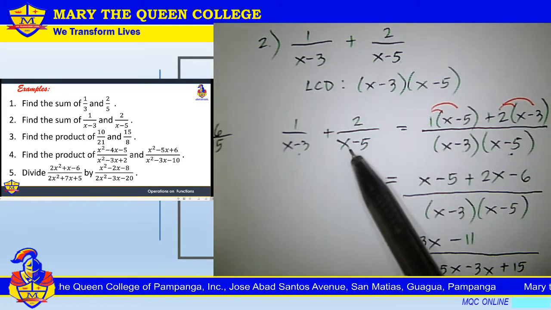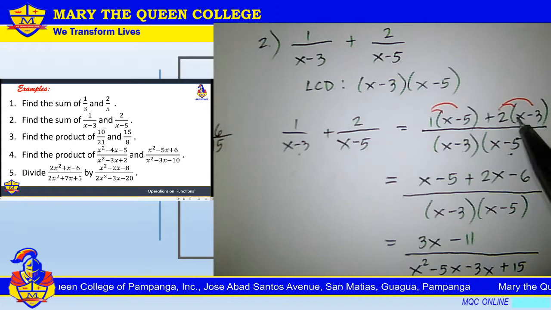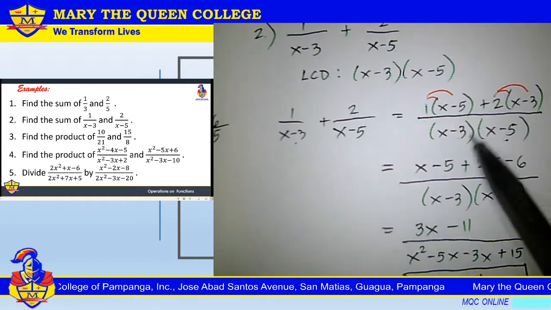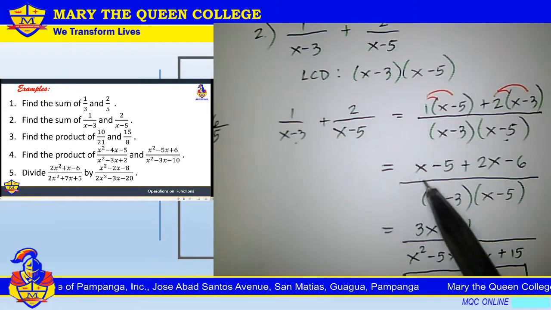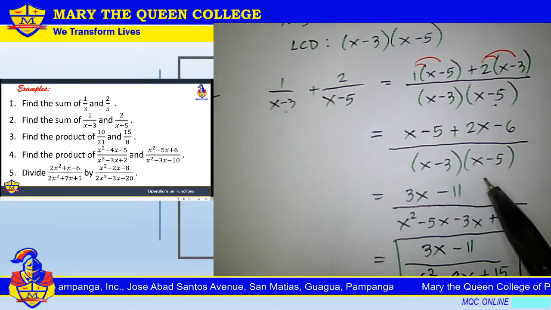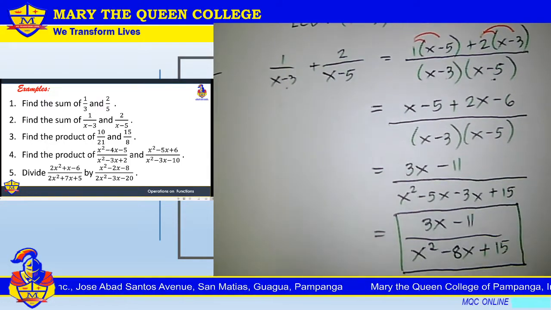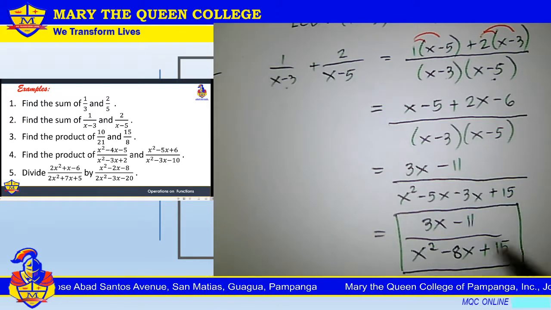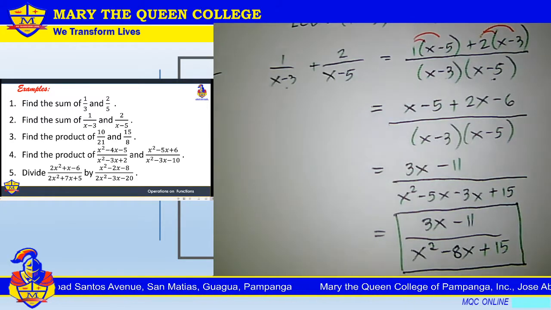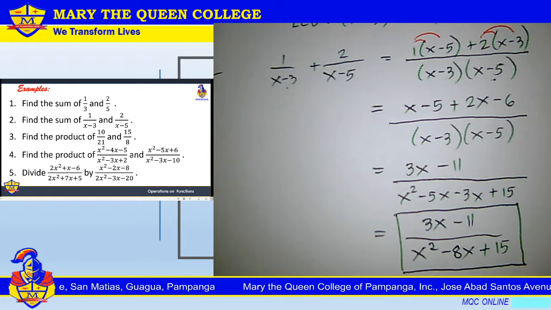Same dito. Multiply doon. Natira x minus 3 din. Simplify, distribute. And then, yung denominator, para mawala yung parentheses, i-multiply natin using FOIL method. And then, the final answer would be 3x minus 11 all over x squared minus 8x plus 15.